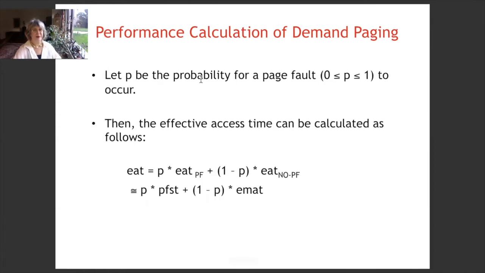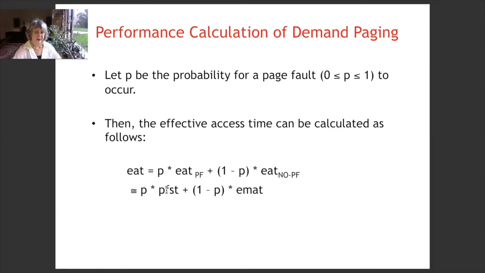Let P be the probability of a page fault to occur. P is a value between 0 and 1. Then the effective access time can be calculated as follows. Effective access time is P multiplied by effective access time in the case of page fault, plus 1 minus P multiplied by effective access time in the case of no page fault. In the previous slide, we have seen that in the page fault case, effective access time is almost equal to page fault service time.